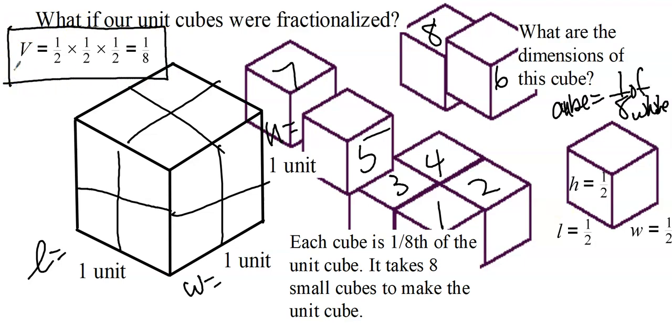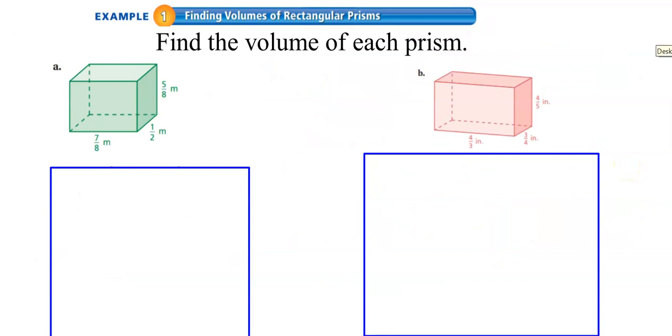So I want you to think about, it's the same formula. It's length times width times height, and it works even if the cubes are fractional pieces, right? Okay, that's the idea. So now we're going to do an example where we find the volume of each prism.